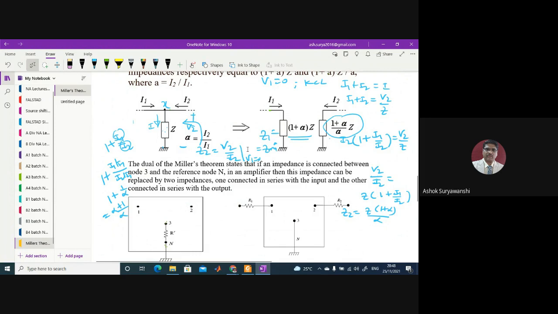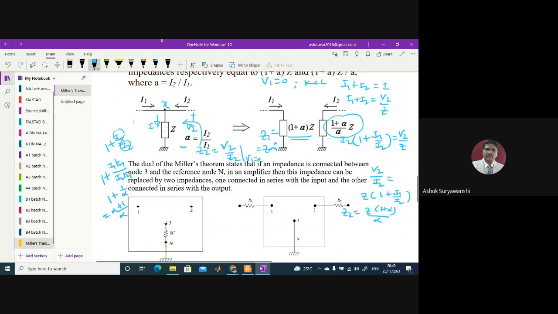Similarly, as I said earlier, Z can be replaced by R, or by reactance of capacitance 1 upon omega C, or by reactance of the inductor, because every time impedance is not going to be there between feedback or between node and the ground.